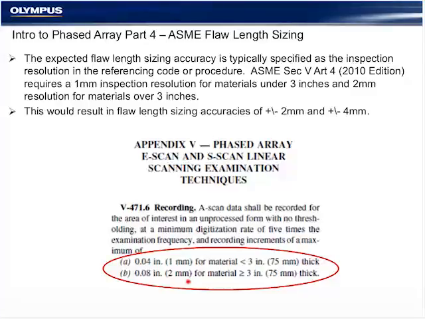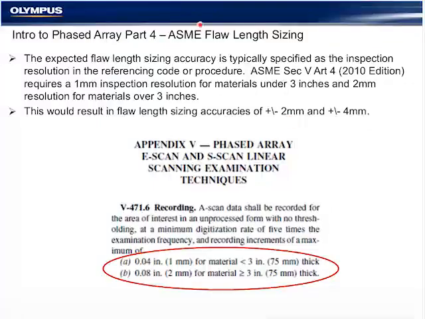So when we change the inspection resolution from 1 millimeter to 2 millimeters, scan speed doubles, file size doubles. So the idea is that a thicker component needs only a plus or minus 4 millimeter accuracy, whereas a thinner component, we would have a 2 millimeter accuracy on the length sizing.